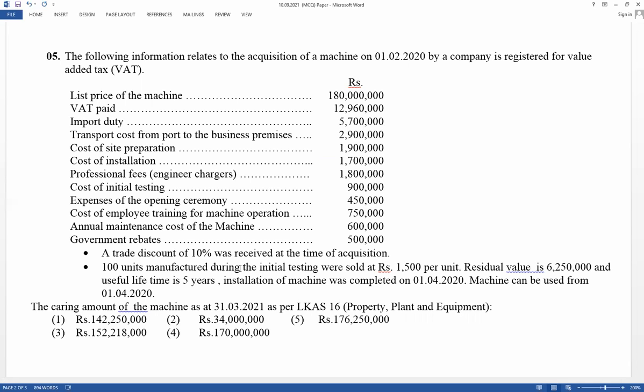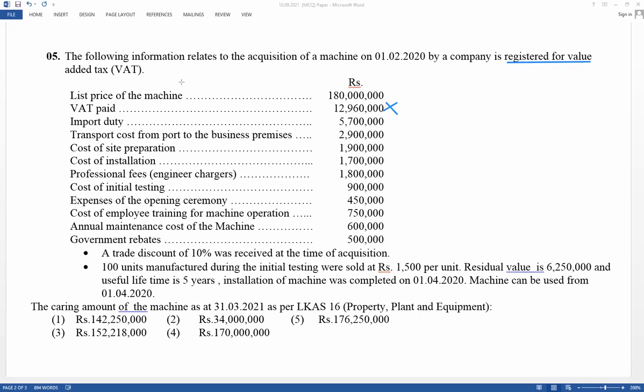It has given the following information relevant for acquisition of a machine by a company registered for value added tax. If it is registered, VAT value should not be considered as a part of cost value. If our business is registered for VAT, the VAT paid amount cannot be considered as a part of the cost value of the machine.